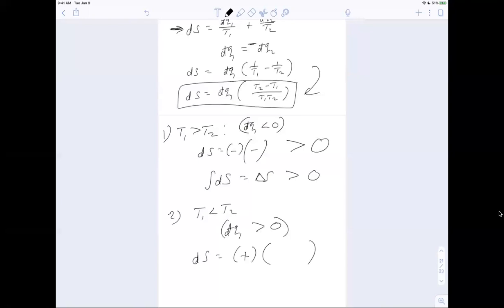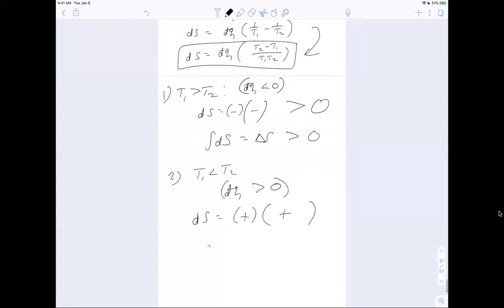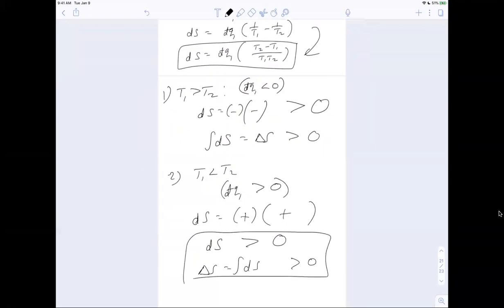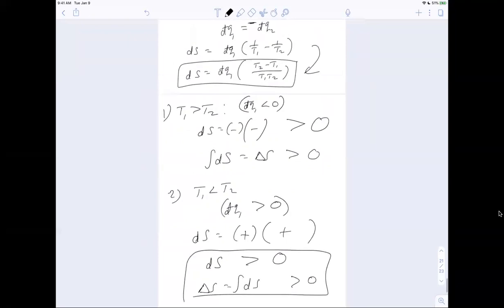Positive. Again, dS is greater than 0. Delta S, the integral of dS, is greater than 0, just as we anticipated for this irreversible process. It didn't matter which block was at higher or lower temperature initially; everything turns out to be self-consistent.